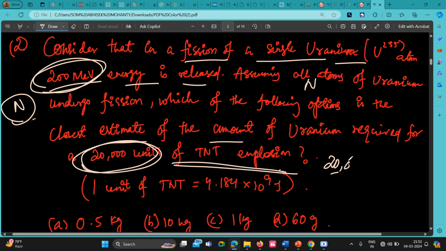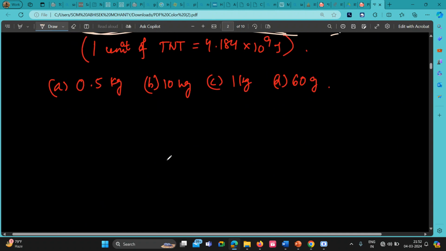20,000 units of TNT is equal to all the fission of uranium, that is N into 200 megaelectron volt, right? Because all the atoms of uranium undergo fission.